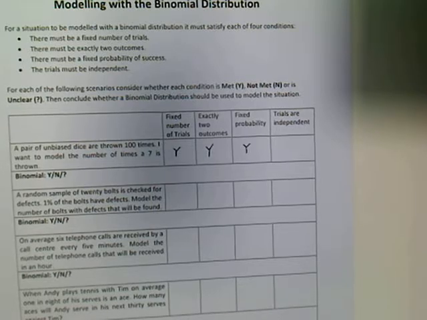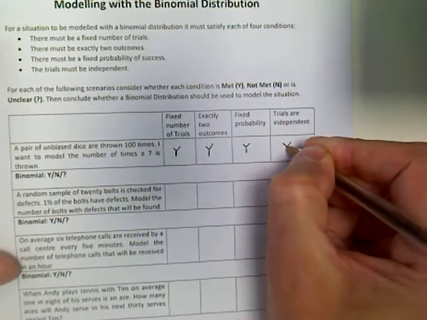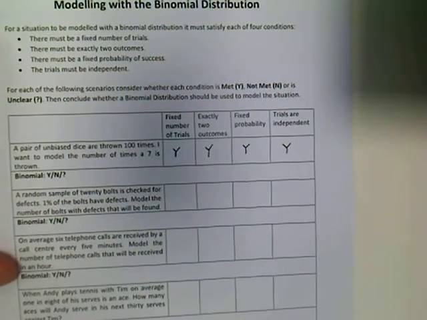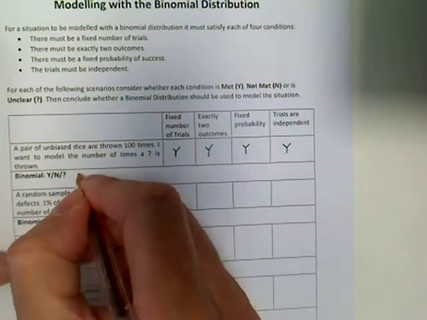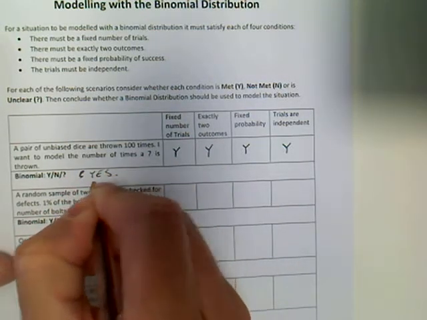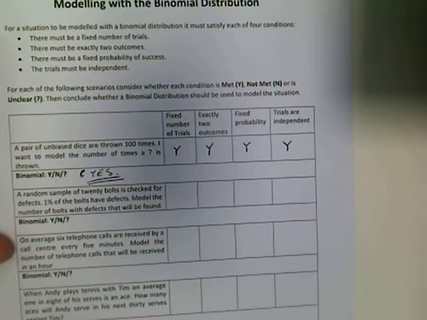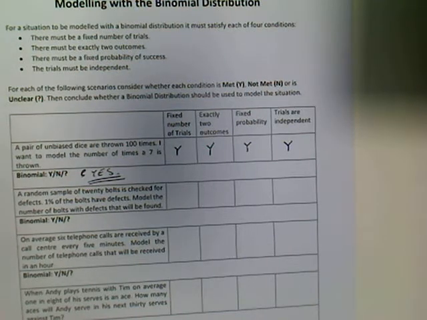So if I throw a 7, then the probability the next time is unaffected. So they are independent of each other, and that again is true. What we have concluded here is that the binomial distribution is an appropriate model to make predictions on this. So we can say yes for that.